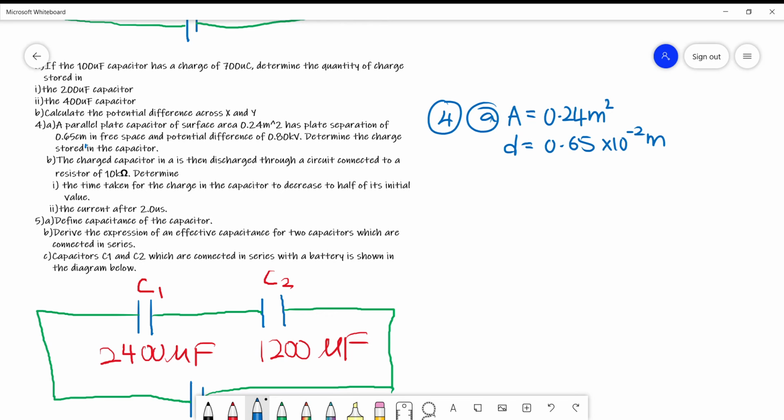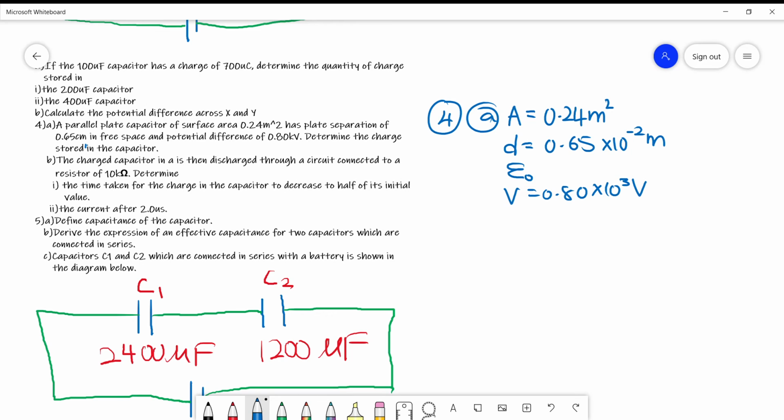Free space basically means the permittivity of free space, which is epsilon naught. And the potential difference is 0.80 kilovolts. Determine the charge stored in the capacitor.